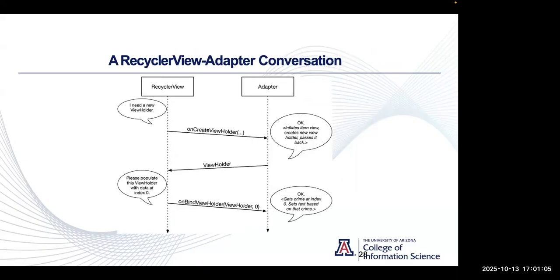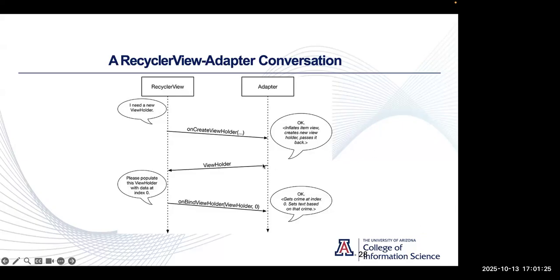So how does the conversation go? Well, the RecyclerView tells them, hey, I need a view holder, right? So we use the onCreateViewHolder function here. And so then the adapter says, okay, and then it inflates an item view, creates a new view, and the holder passes it back.